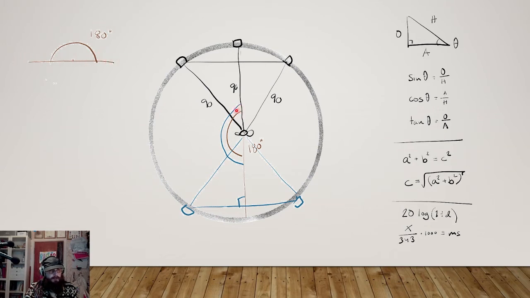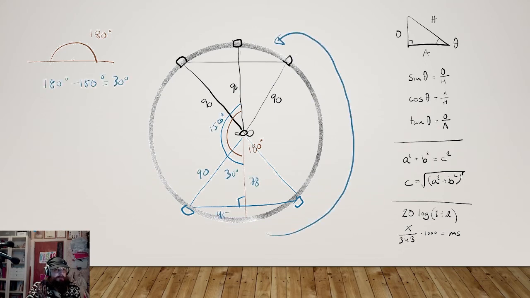So from here to here is 180 degrees. That produces some interesting numbers, because if we take 180, which is the straight line we are sitting on, minus 150, which is the angle we want, we are left with 30 degrees.